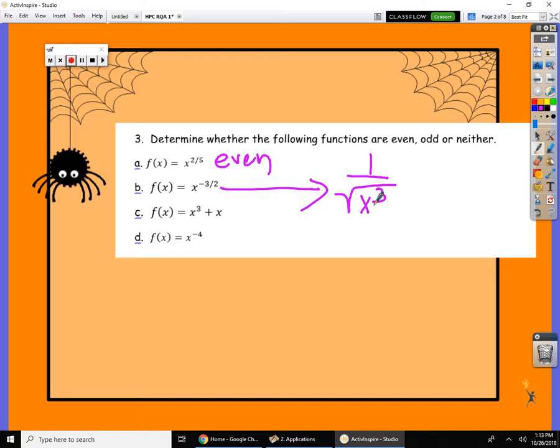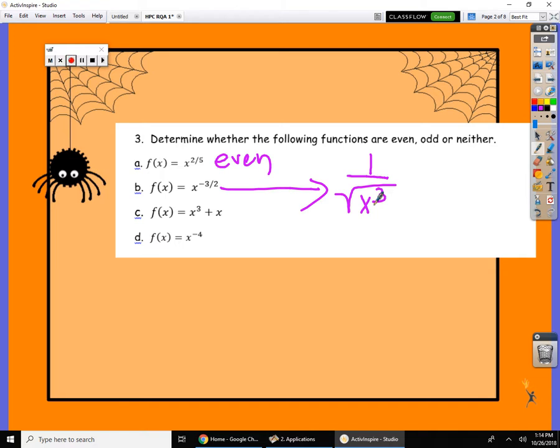Therefore, in order for me to do this problem, all my x's have to be what? Positive. If they're all on the positive side and never on the negative, can they reflect over the y-axis? No. Can they reflect over the origin? No, not in that case. So that one's going to be neither. It has no reflection, no symmetry.